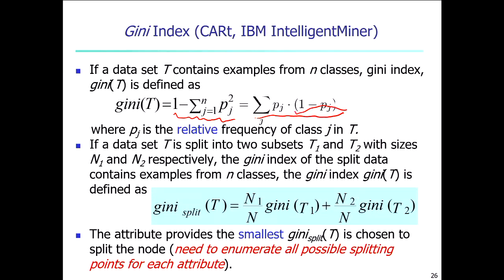So we multiply pj and 1 minus pj, and we will get how often we incorrectly label such a randomly chosen element. Okay, and by simplifying it, we could get this part. This is just for you to compute the value.